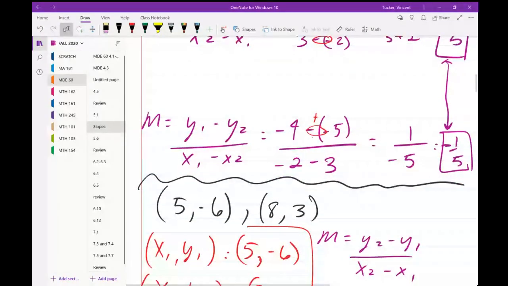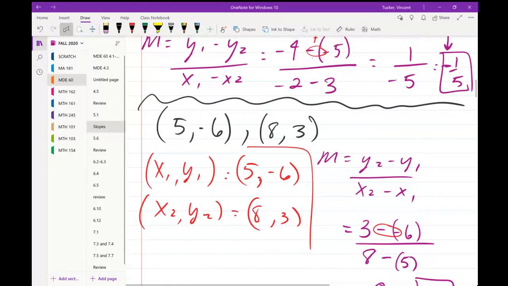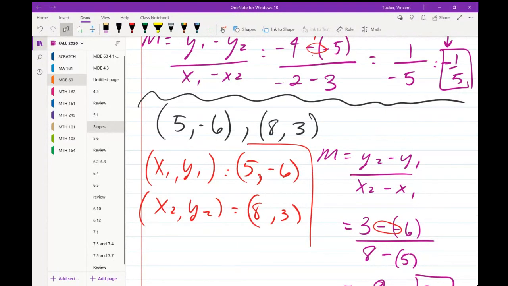All right. So let's do it one more time just to make sure we're good. We have 5, -6, and 8, 3. So first point, x1, y1, which is 5, -6, x2, y2 is 8, 3. So y2 is 3, y1 is -6. x2 is 8, x1 is 5.